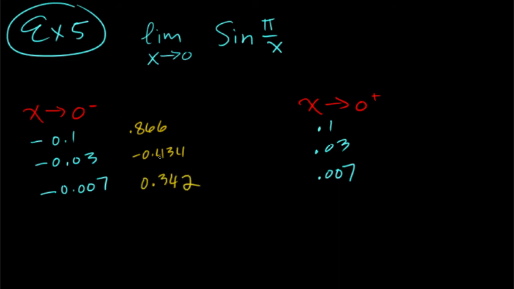All right, these don't appear to be converging to anything in particular. Let's see what happens over here. Oh, whoops, I messed up. This goes to here, this goes to here, this goes to here. Then there was one other value that goes to.